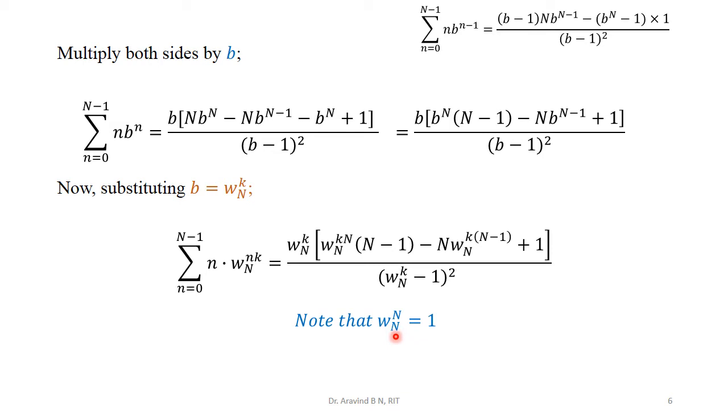You have to recall that from the previous problem that is present over here. So this is the one term, omega N to the power of k capital N, which becomes equal to 1. There will be one more term. If you multiply omega N to the power of k into 1 into N, then one more term we get over here. That term will also become equal to 1.